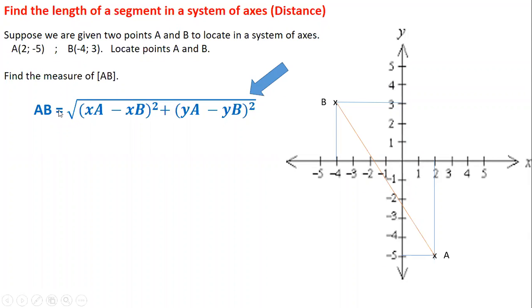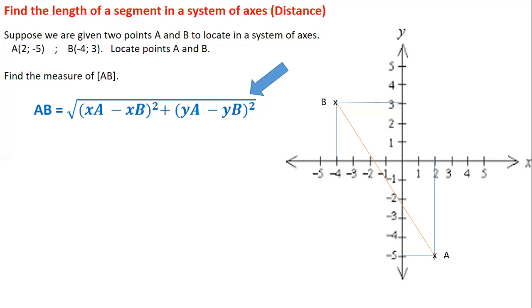AB equals big radical, XA minus XB, all of it squared, plus YA minus YB, all of it squared.